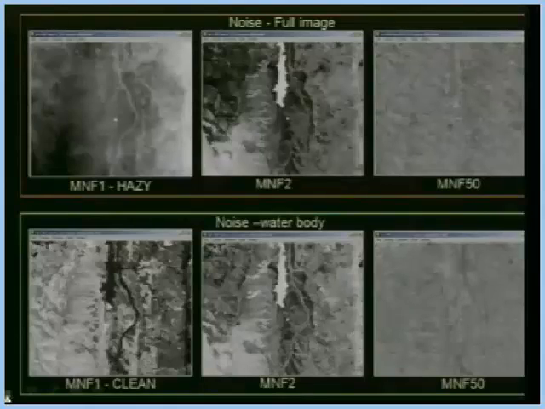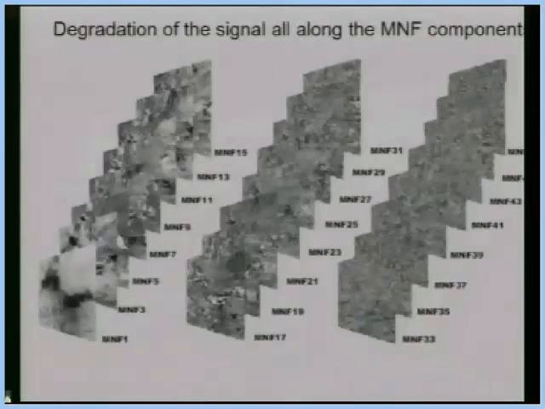That shows the difference: noise characterization using homogeneous areas provides a better result compared with noise characterization using the entire image. MNF2 also provides a good amount of structural detail. As usual, MNF50 is totally noisy. This just shows the degradation of the signal all along the MNF components 1 to 47.